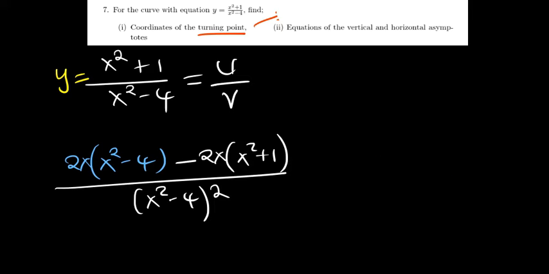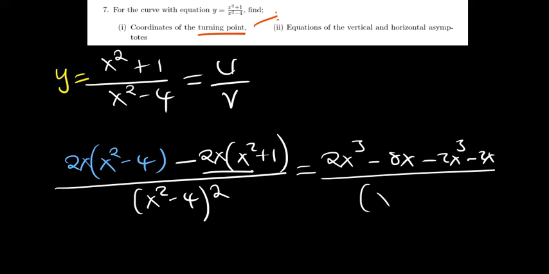Can we simplify this to make things easier? Of course we can. Let's try it out. Go on and distribute whatever we have there. We're going to have 2x cubed minus 8x, then for the other part, minus 2x cubed as well, and then minus 2x, over (x squared minus 4) raised to the power 2 in brackets.